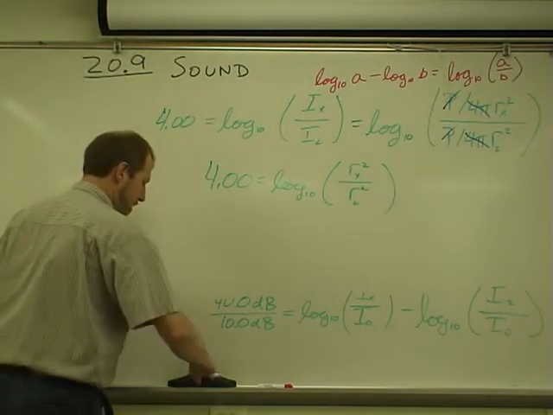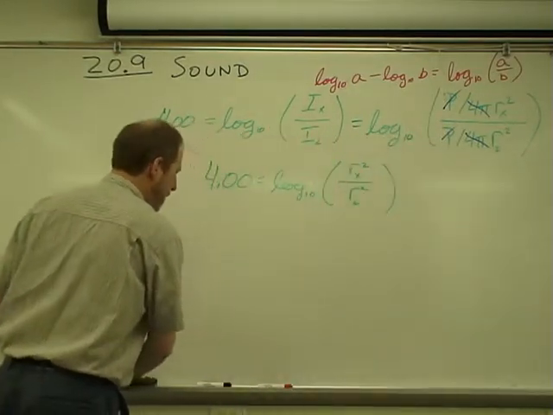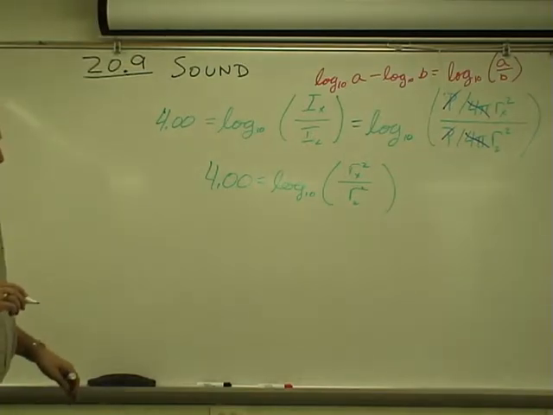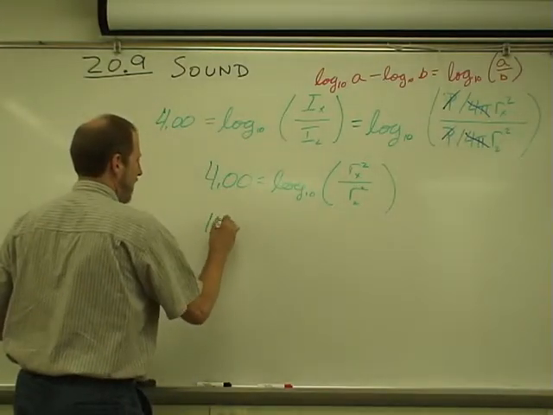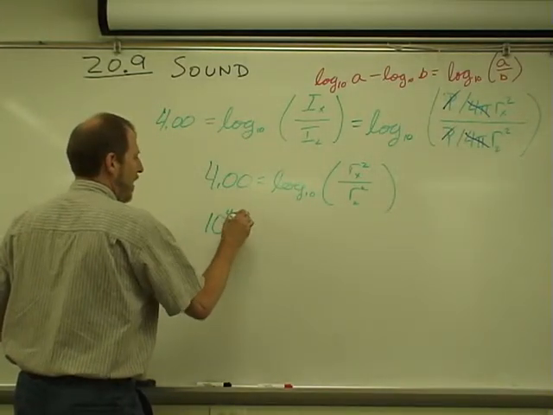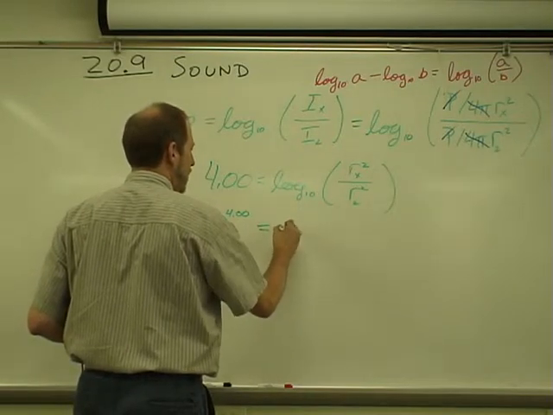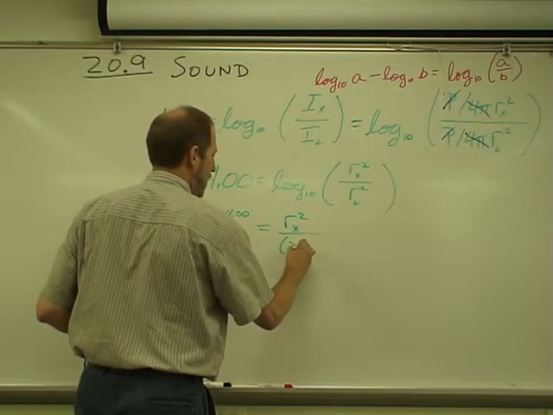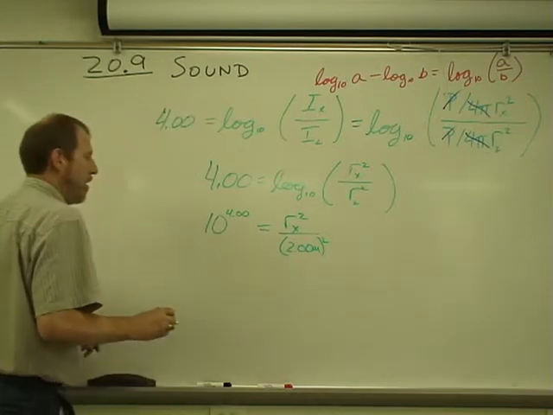Now, if I have that, then if I take 10 to both sides, I've got 10 to the 4th power is equal to r x squared over 2 meters squared.